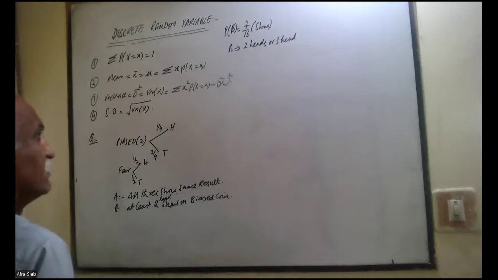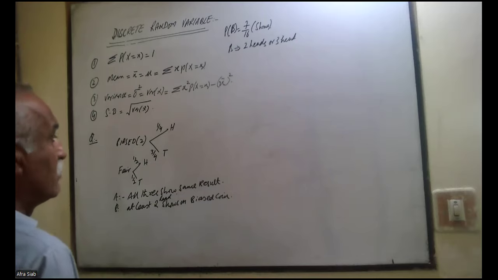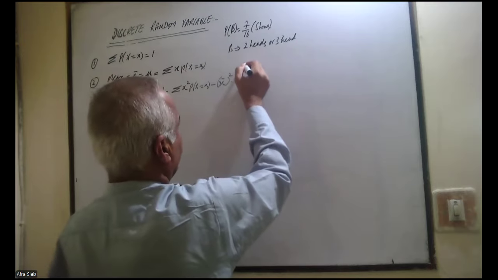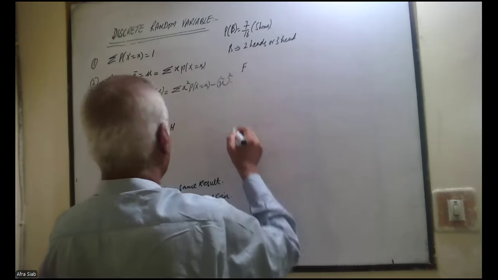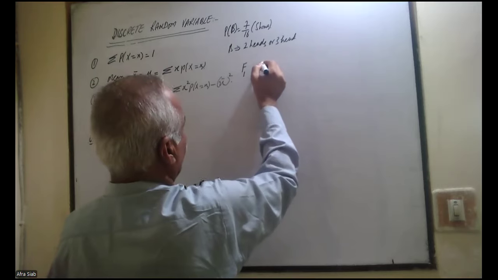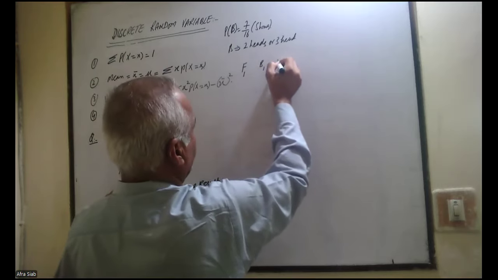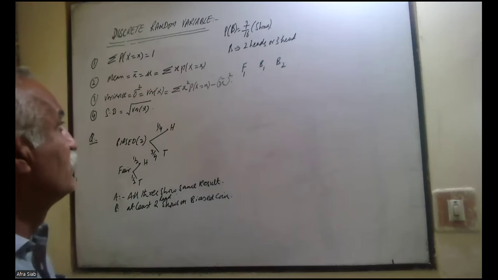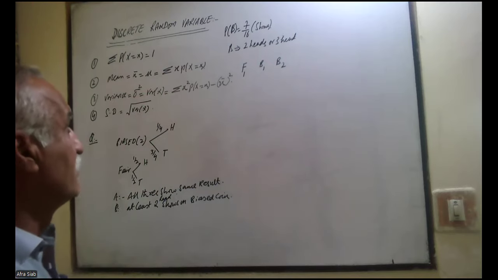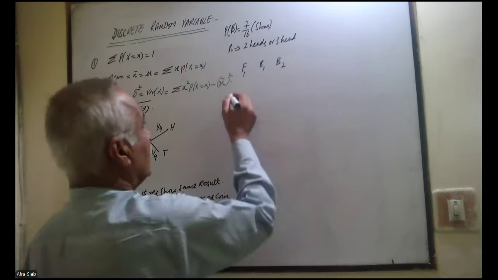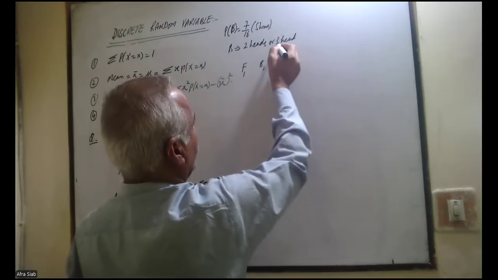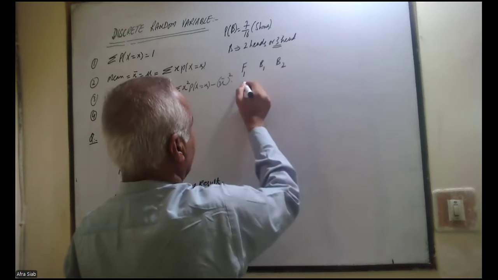Now we will make this into this part. Let's say this is fair, which is one point there, and there are two biased points. One is B1 and one is B2. We have to show that at least two heads, so it should be two or three heads. First we will make the column for these three heads.